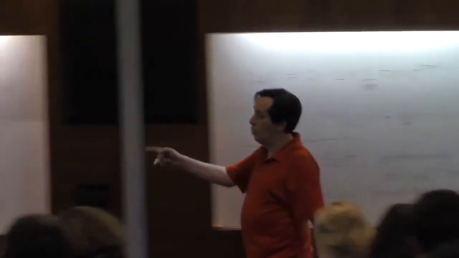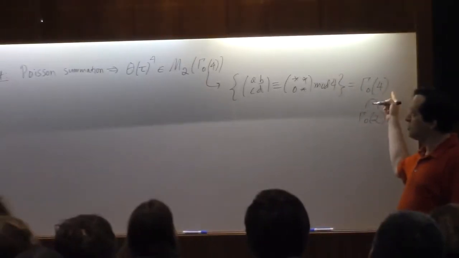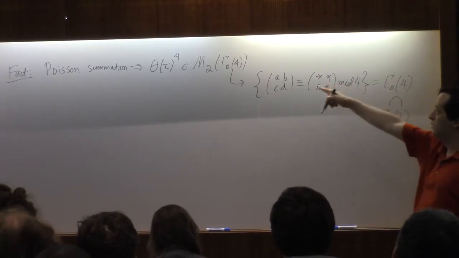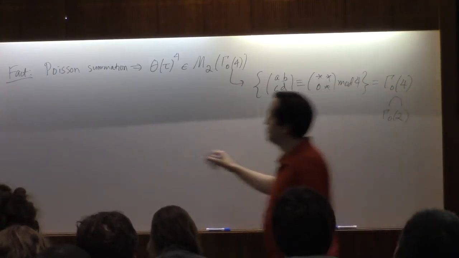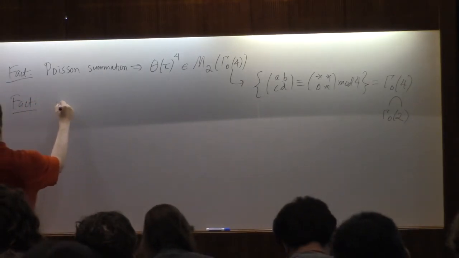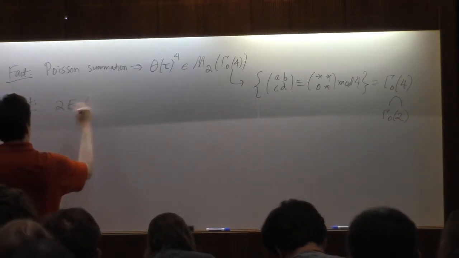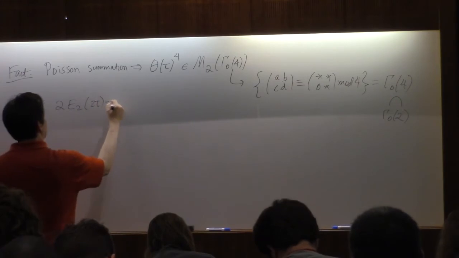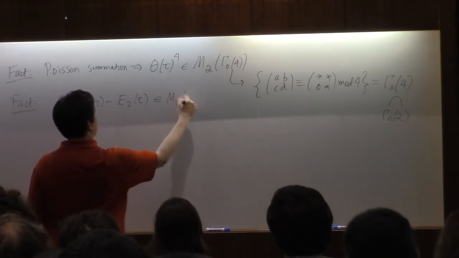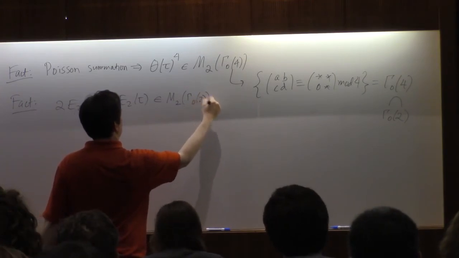But on this smaller group, this is 2-dimensional, and this guy that I wrote down before is in here, and there's another one that's in here. So this guy is in here, which is also in here.